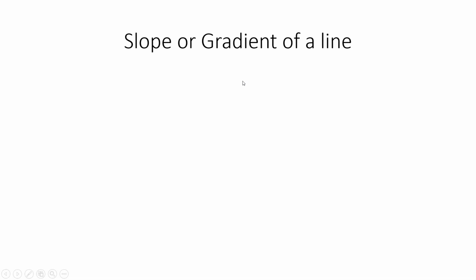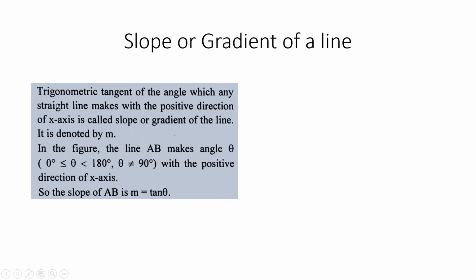Slope or gradient of a line. The trigonometric tangent of the angle which any straight line makes with the positive direction of the x-axis is called the slope or gradient of the line. It is denoted by m.